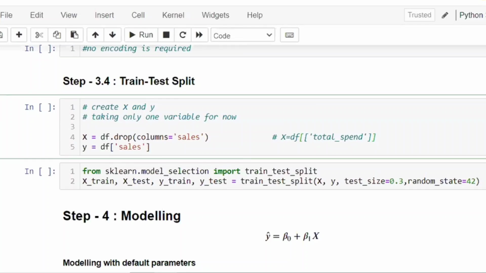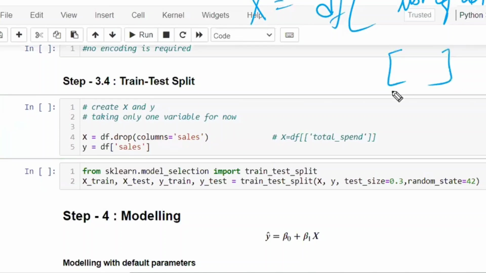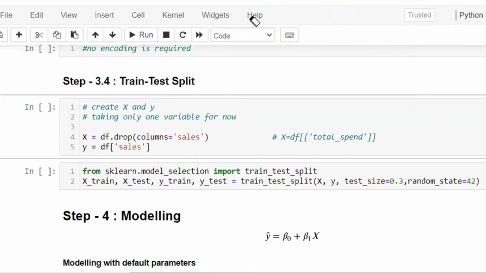X always should be df of bracket and list of column names. Always it should be like this only. Whether it is a single column or multiple columns, you have to keep it inside the list only. That is compulsory for any algorithm inside machine learning.